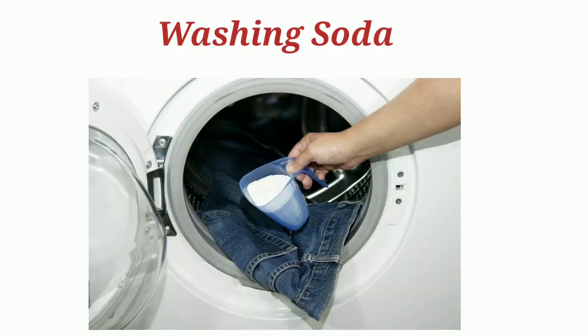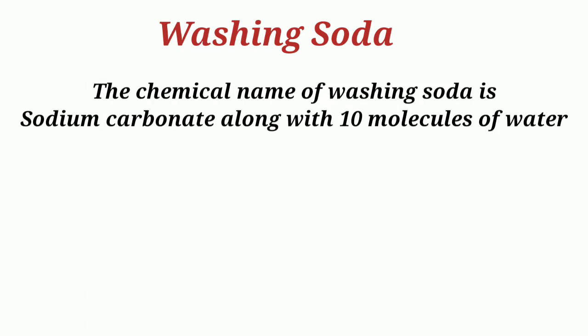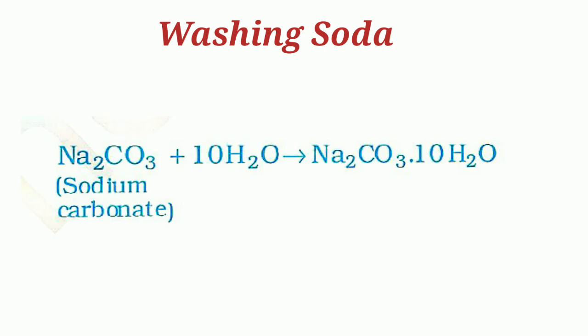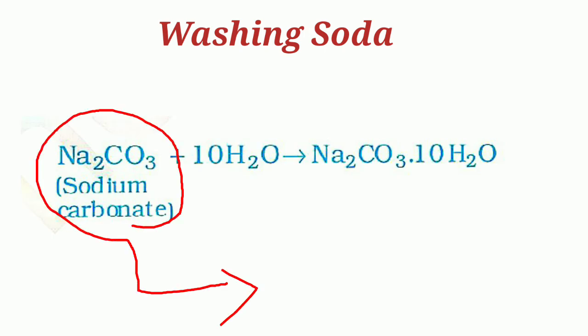Washing soda. Another chemical that can be obtained from sodium chloride is washing soda. Its chemical formula is sodium carbonate along with 10 molecules of water, that is Na2CO3.10H2O. You have seen above that sodium carbonate can be obtained by heating baking soda.